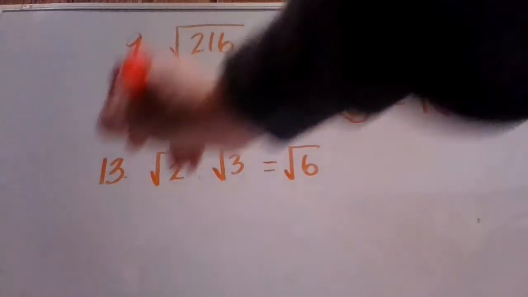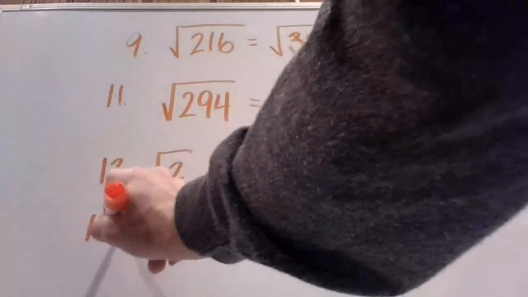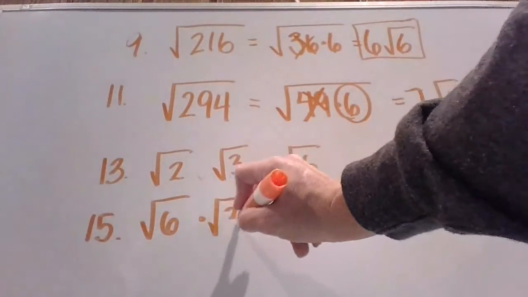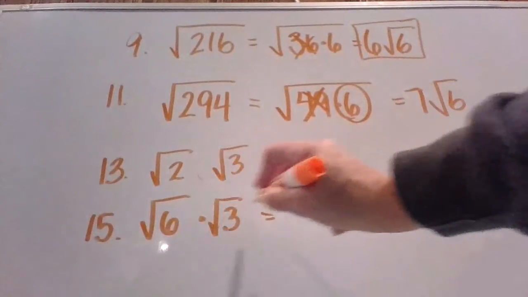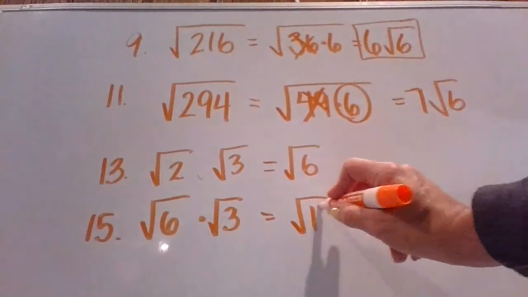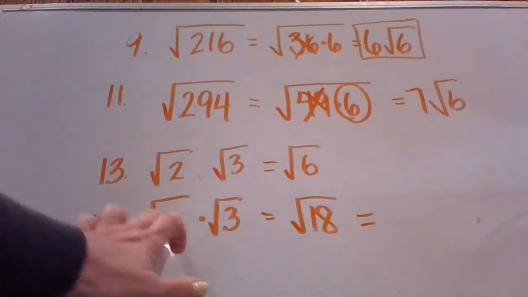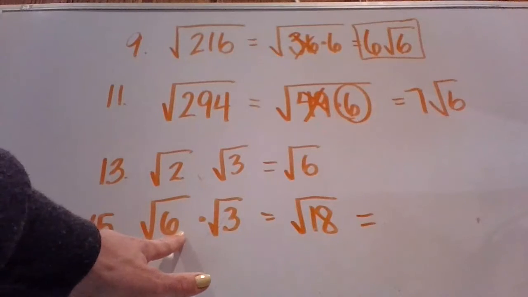Number 15. I get the square root of 6 times the square root of 3. Well, I get to multiply those two together, and I get the square root of 18. Well, can the square root of 18 break down? What goes into 18? Not 6 and 3, because neither one of these is a perfect square.